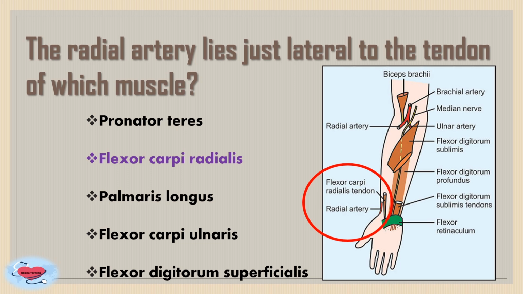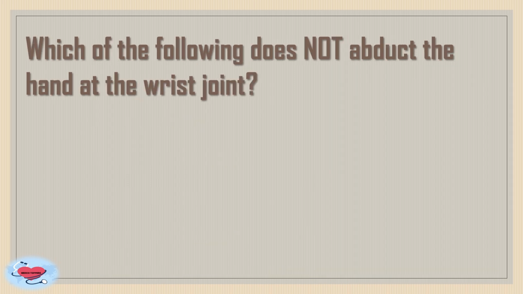So the answer is flexor carpi radialis. So radial artery lies just lateral to the tendon of flexor carpi radialis. Next question.